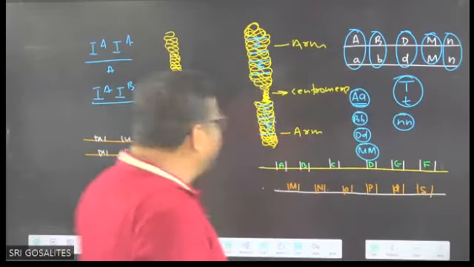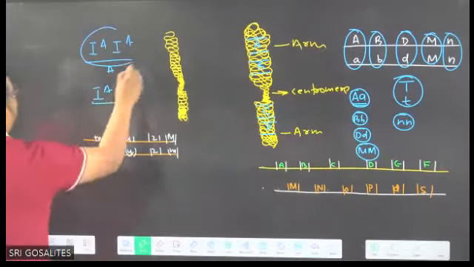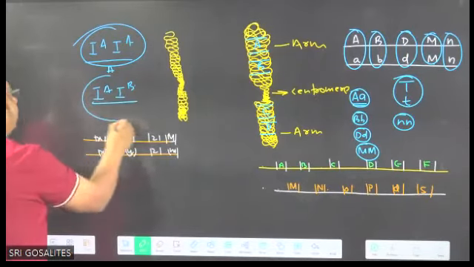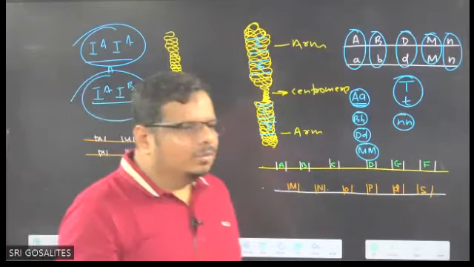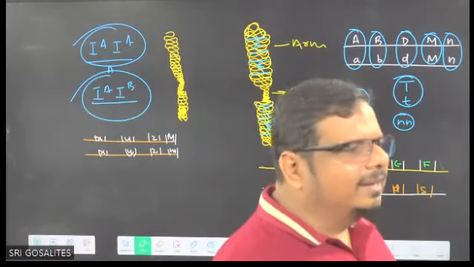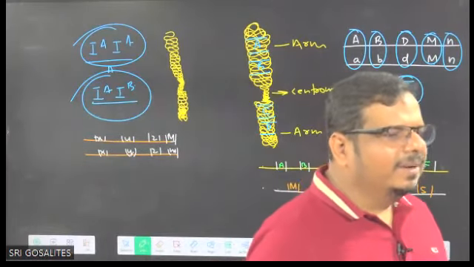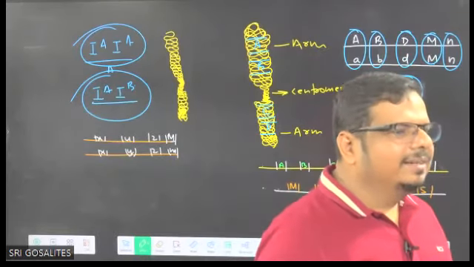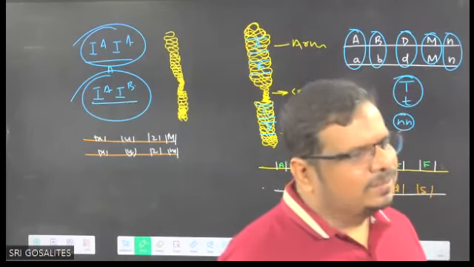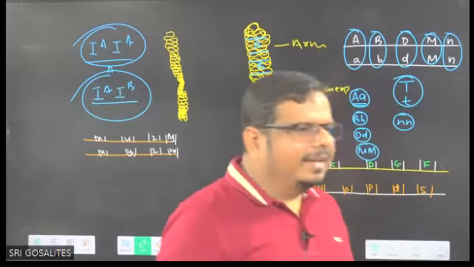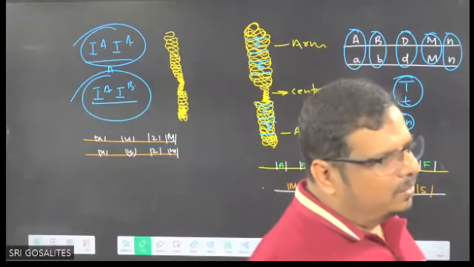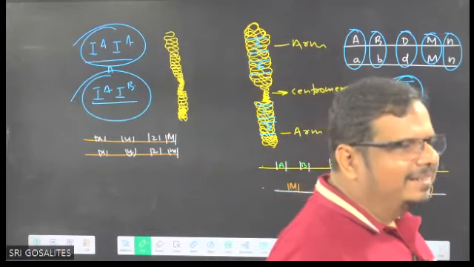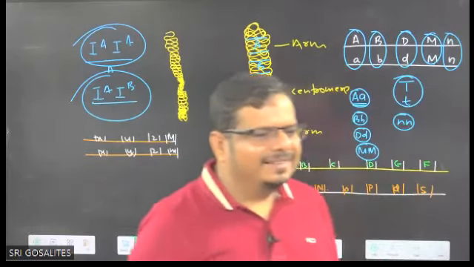In this case you are homozygous. In this case you are heterozygous. So when both mother and father contribute the same allele of a gene, you are homozygous for that character. When they contribute different alleles of a gene, you are heterozygous for that character. Clear? Understood? Okay.